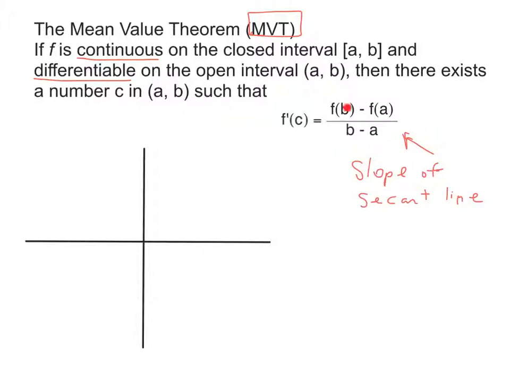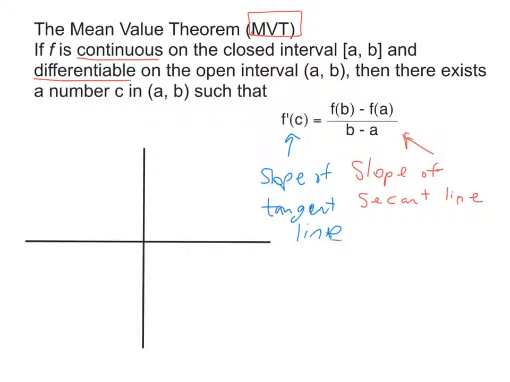Okay, this is our y2 minus y1 over x2 minus x1 on my a and b. And this over here on this side, well, this is f prime at a certain point c. This is going to be the slope of a tangent line, because we only have one point here.